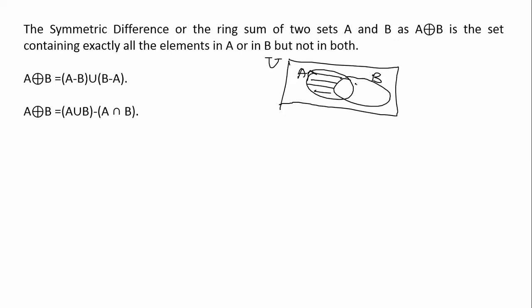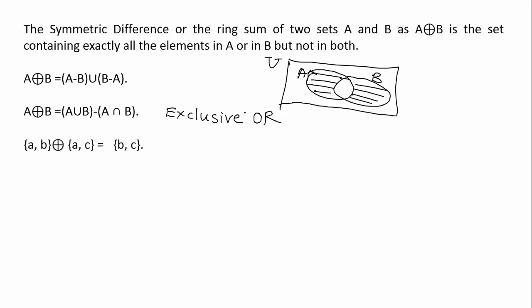Then this is nothing but A ring sum B, and that is nothing but A minus B united with B minus A, or that is also A union B minus A intersection B, and this is called exclusive OR.